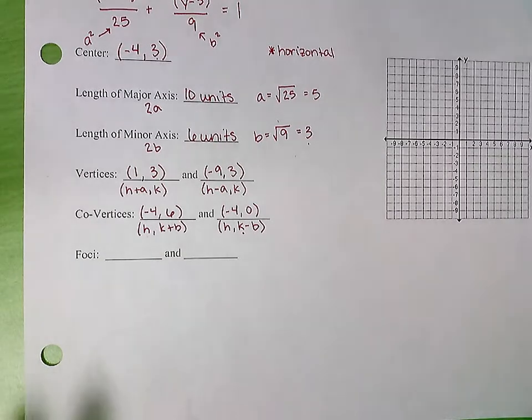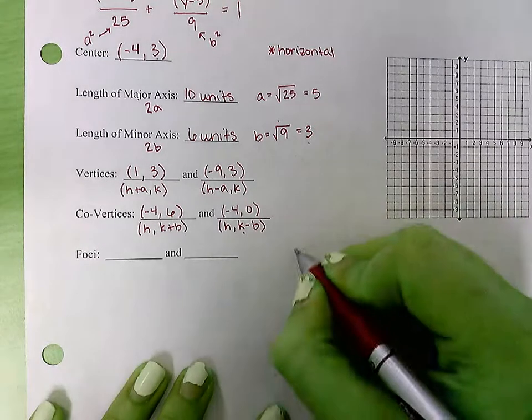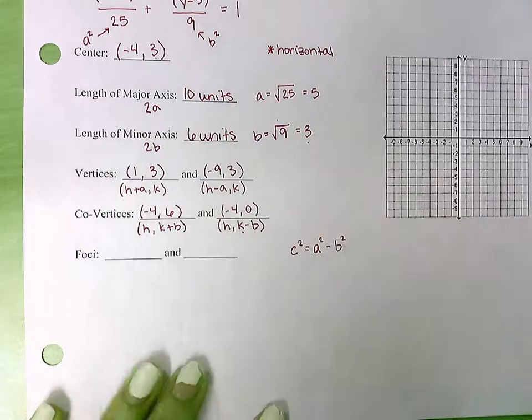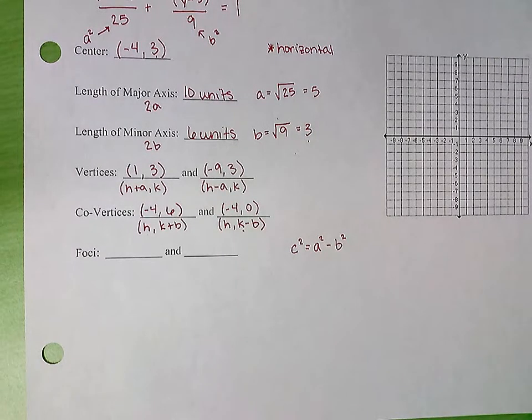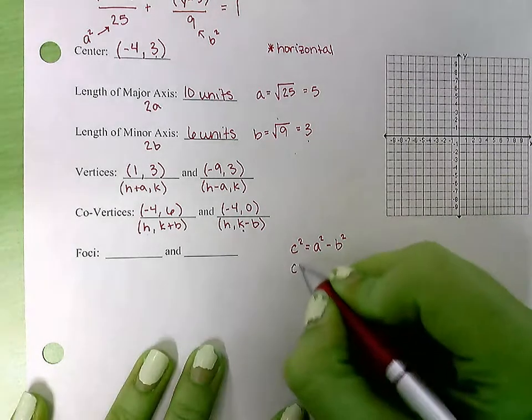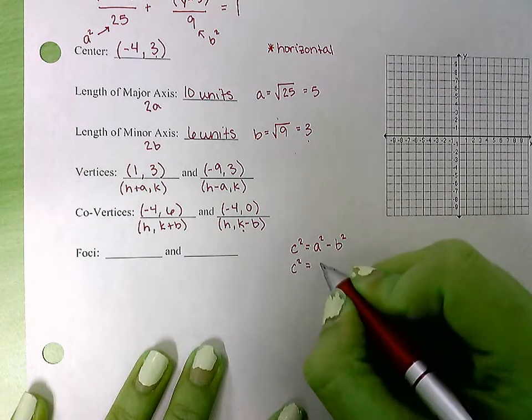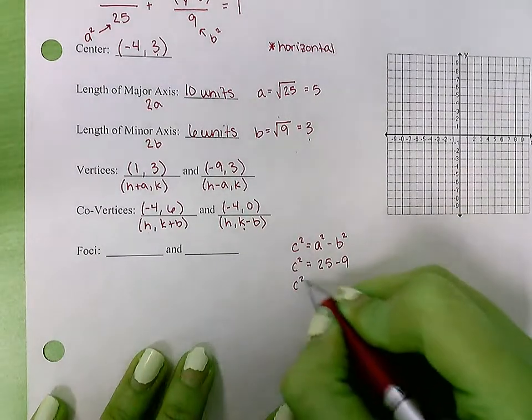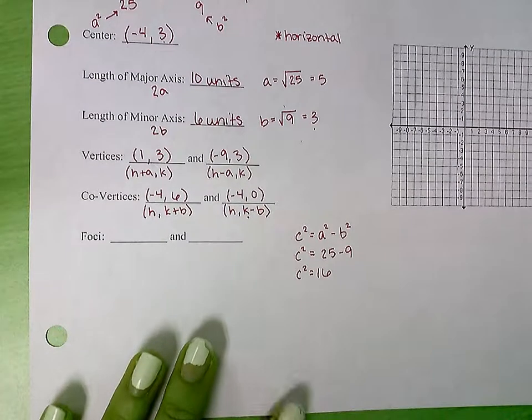Then we need to find these foci points, meaning we need our c value. To find c, we'll take a squared minus b squared. So we have 25 minus 9. Take the square root.